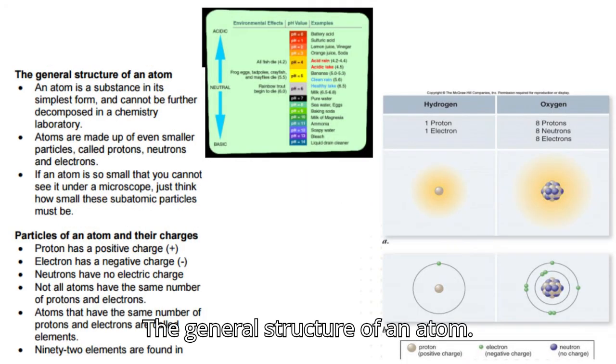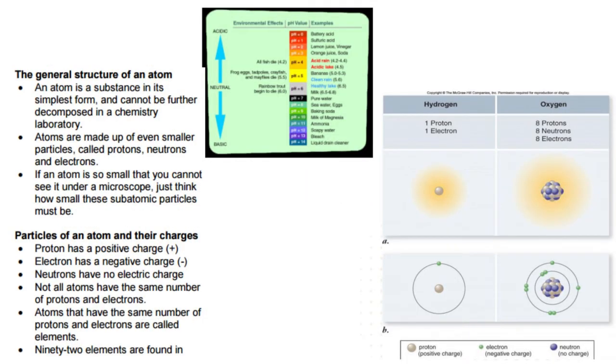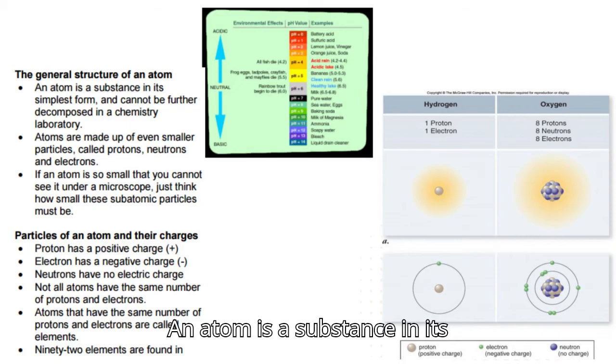The general structure of an atom. An atom is a substance in its simplest form, and cannot be further decomposed in a chemistry laboratory. Atoms are made up of even smaller particles, called protons, neutrons, and electrons.